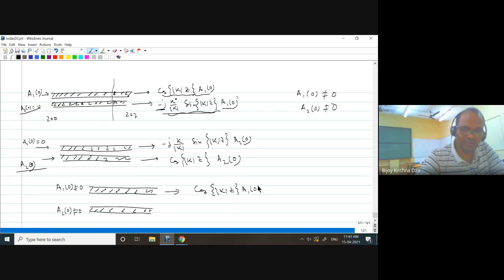A1 0, right? And because of A2 0, what will I be getting? I will be getting minus j kappa by kappa sine kappa z A2 0. This is the value, right? And here what will I be getting?